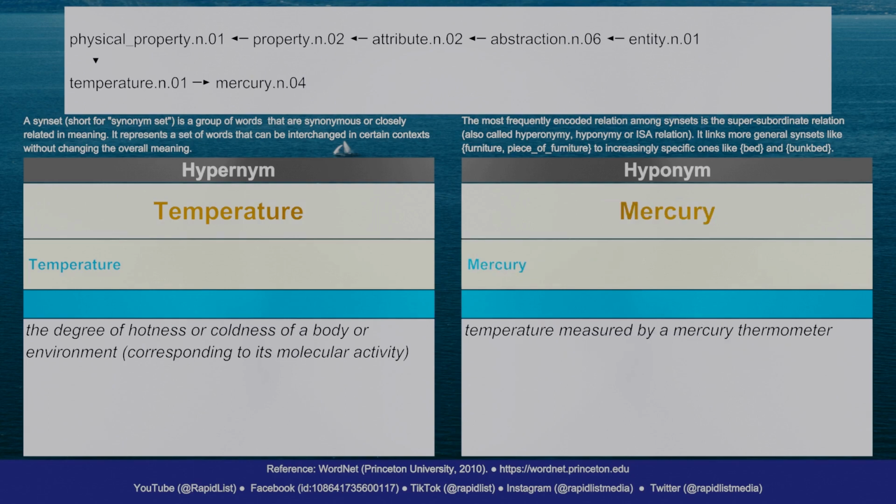Mercury. Temperature measured by a mercury thermometer. The mercury was falling rapidly. Simmer. Temperature just below the boiling point. The stew remained at a simmer for hours.